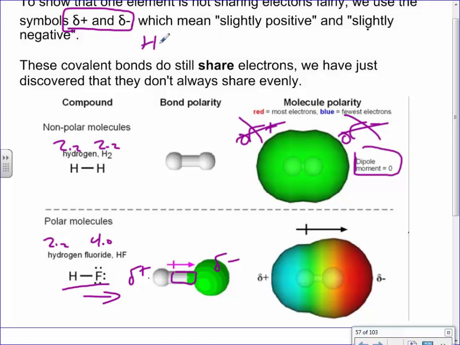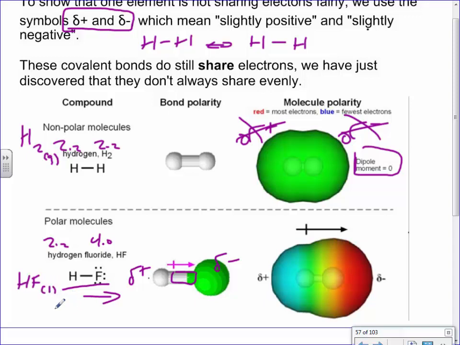Well, in this example right here, is there any reason for this hydrogen and this hydrogen to be attracted to each other? No. What state of matter then is hydrogen gas? Gas. Yeah. And this helps to explain why H bonding with H is in gas form, but H bonding with F is probably going to be in a liquid form.